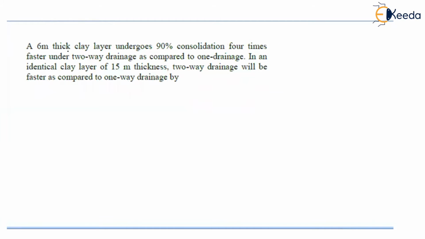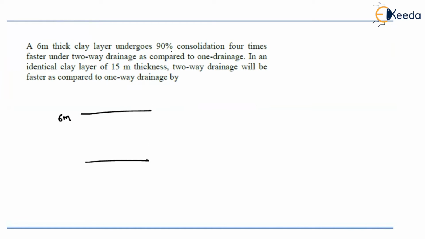A 6 meter thick clay layer undergoes 90% consolidation 4 times faster under two-way drainage as compared to one-way drainage. So in an identical clay layer of 15-meter thickness, two-way drainage will be faster as compared to one-way drainage by how much? Let us assume there is a 6 meter clay layer.